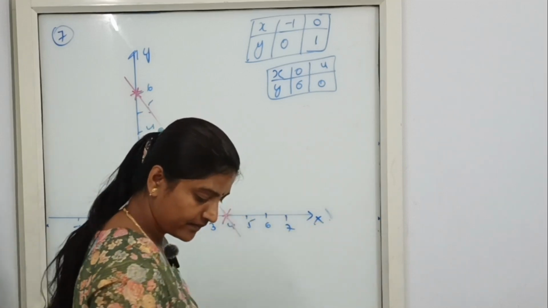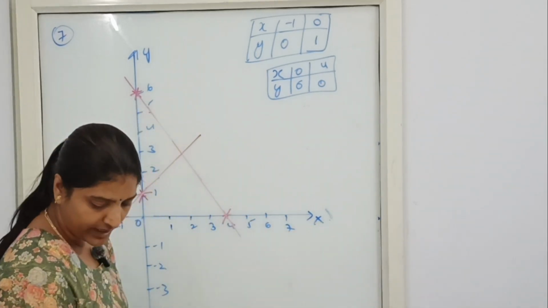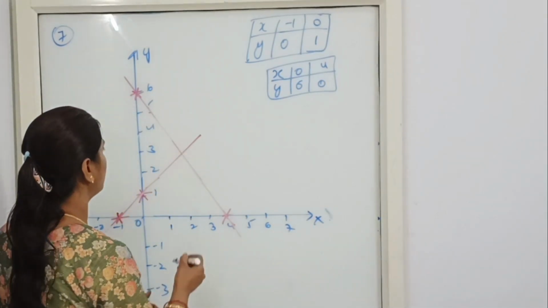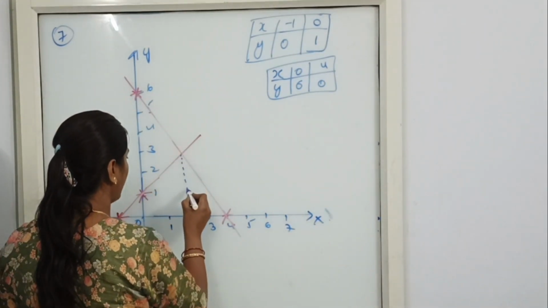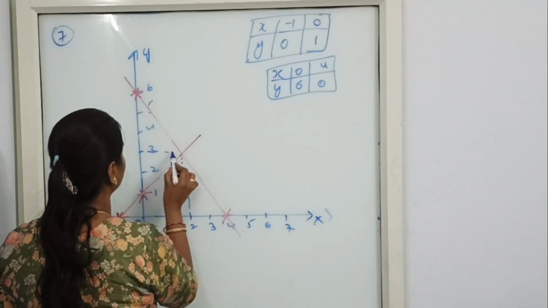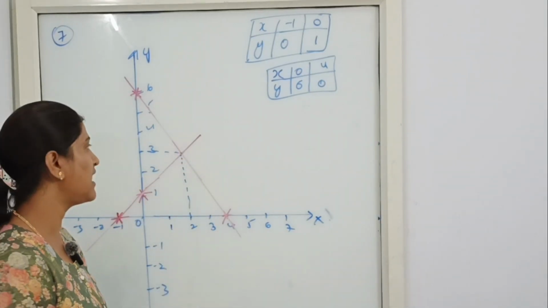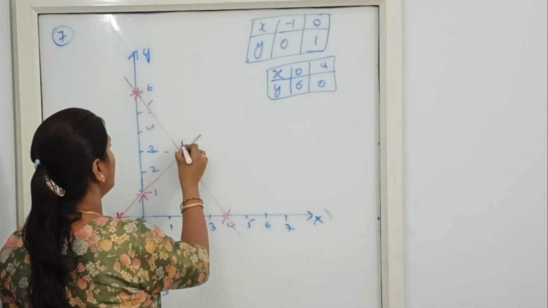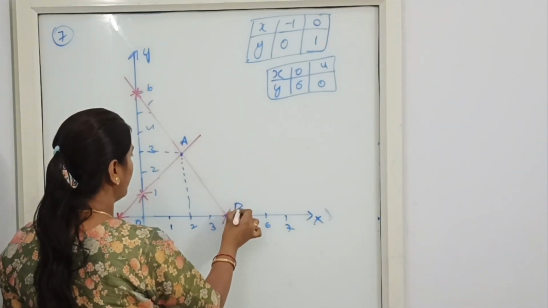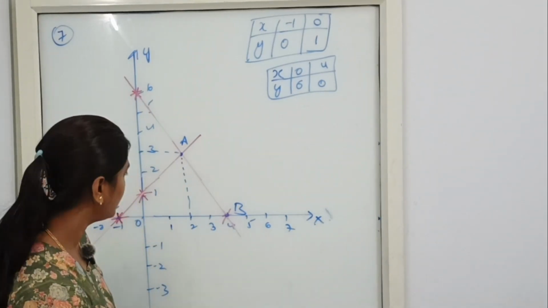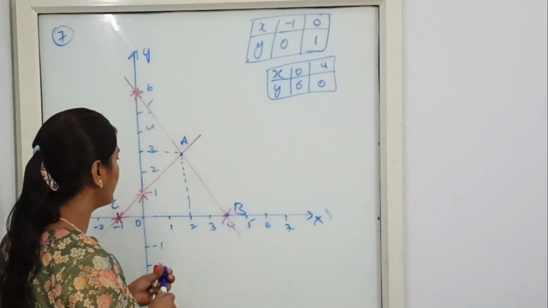So now, what are the intersecting points? I got the intersecting point here, but they are asking us to find the coordinates of the triangle. You can name it as A, B, C. Firstly write the coordinates.